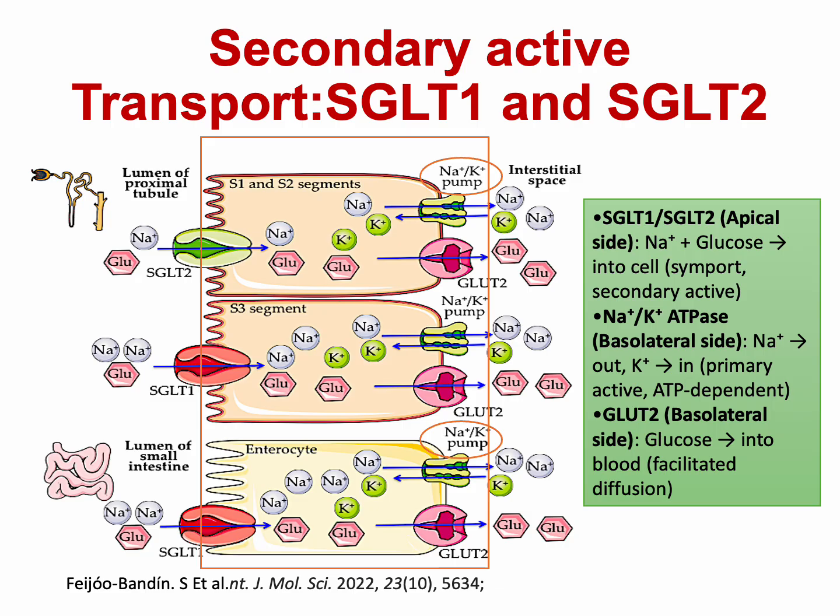Once inside the cell, glucose exits into the bloodstream through GLUT2, a facilitated diffusion transporter on the basolateral side, that's on your right side. GLUT2 allows glucose to move down its concentration gradient into the circulation without requiring energy, and this process complements the secondary active transport.